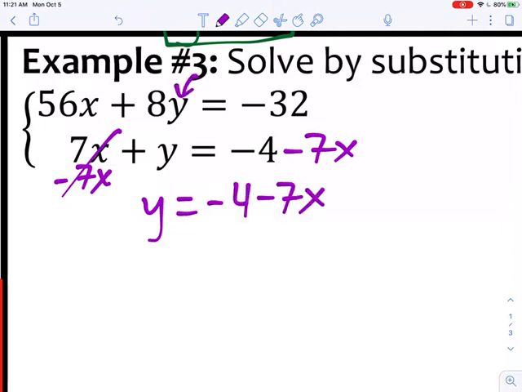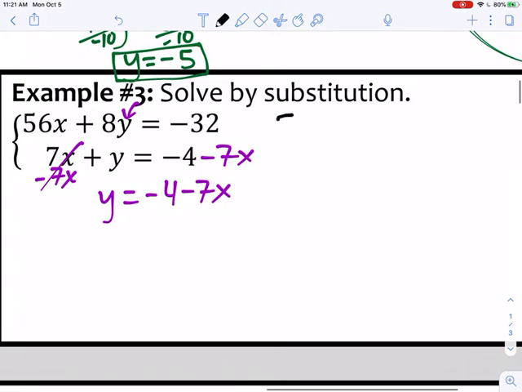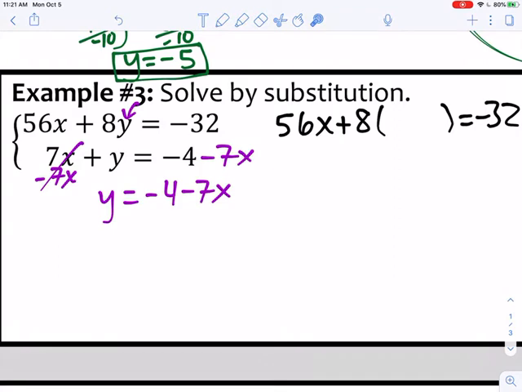And now we can substitute for our y into the other equation. So 56x plus 8y equals -32. And we know that y is this, so that's going to go in here.